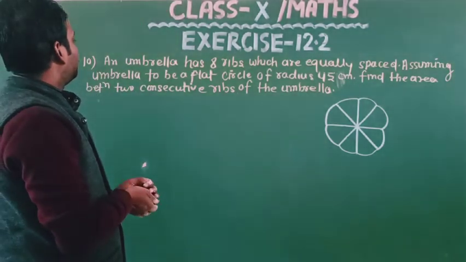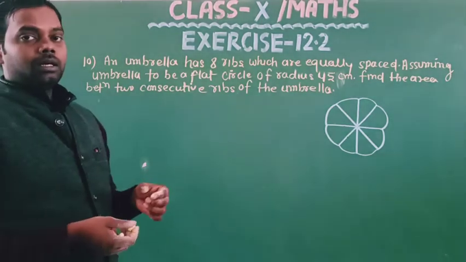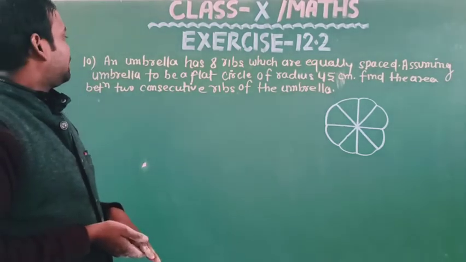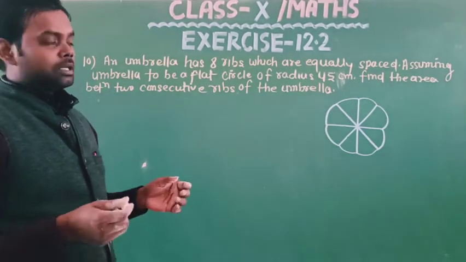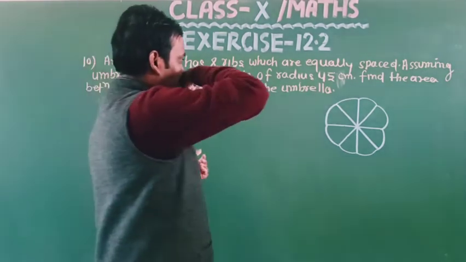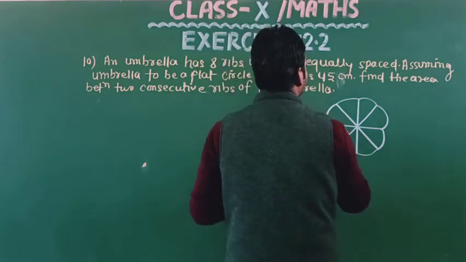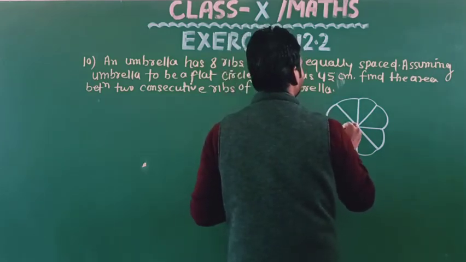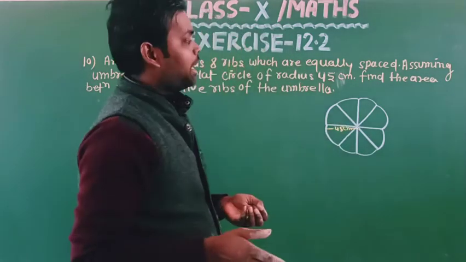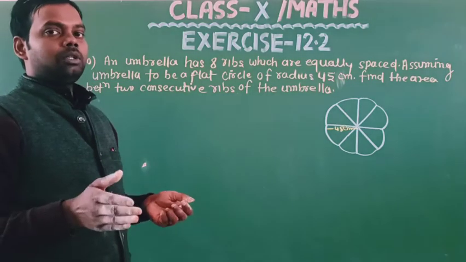So here is an umbrella having 8 ribs which are equally spaced, and we are assuming this to be a flat circle of radius 45 centimeter. Then we have to find the area between two consecutive ribs of the umbrella.